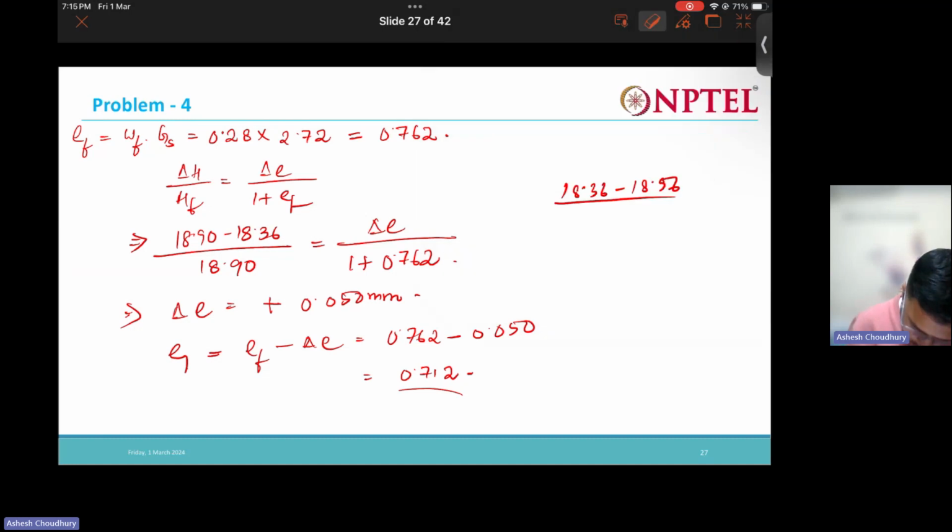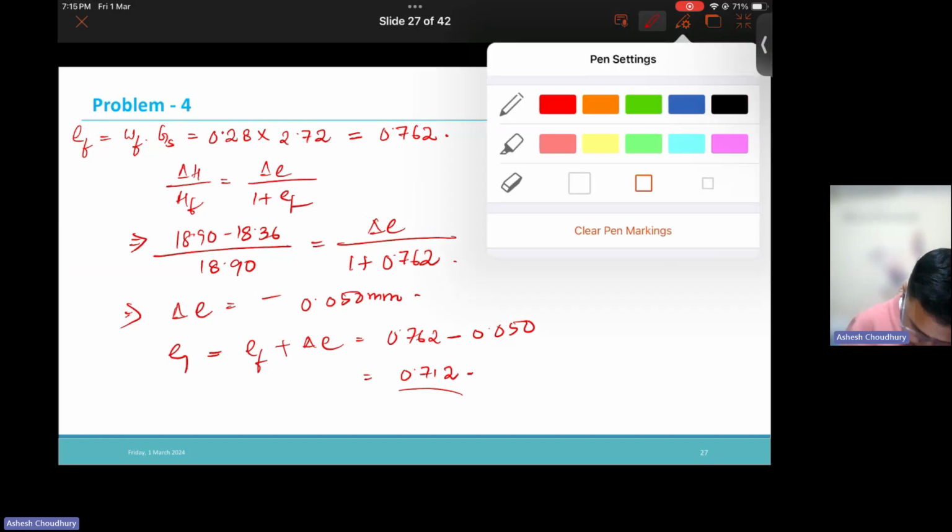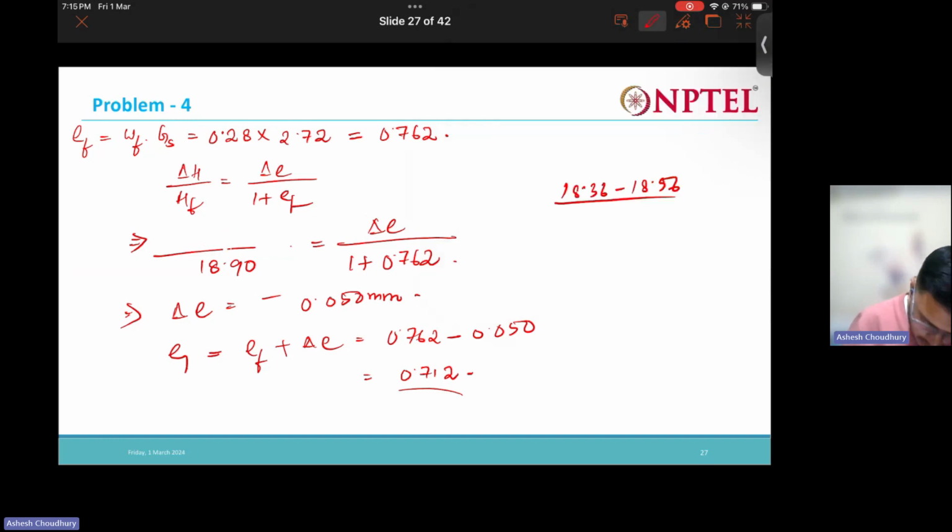See, I have written all these things wrong. See, this is plus only. This is minus, minus. So delta E2 is going to come out as 9.